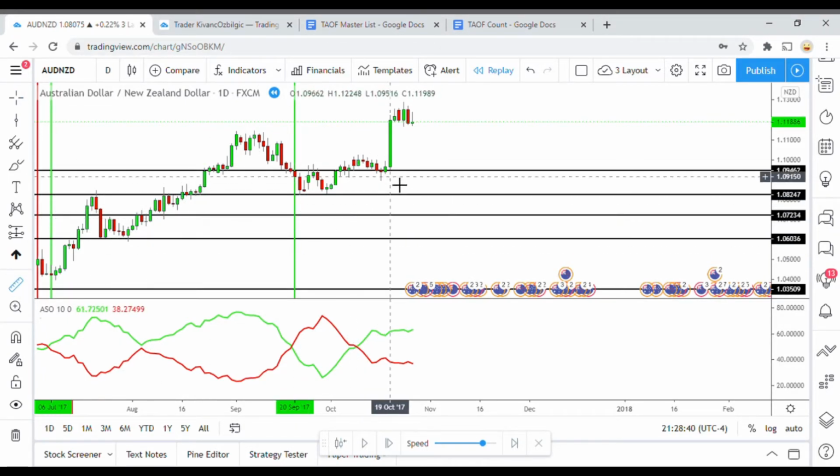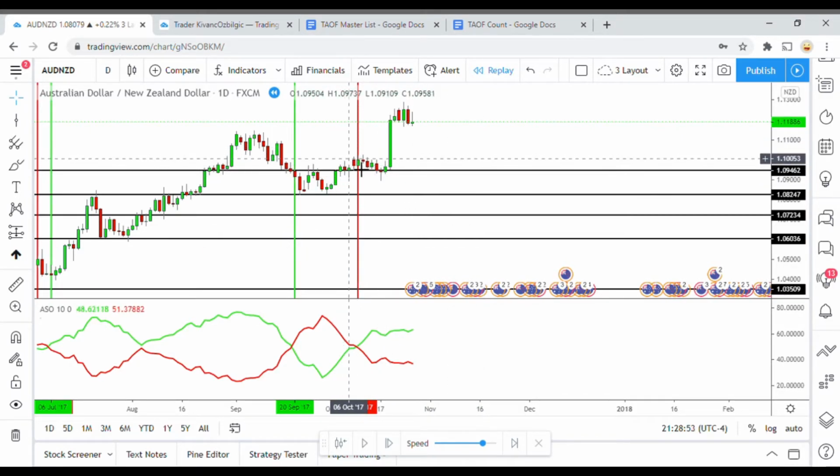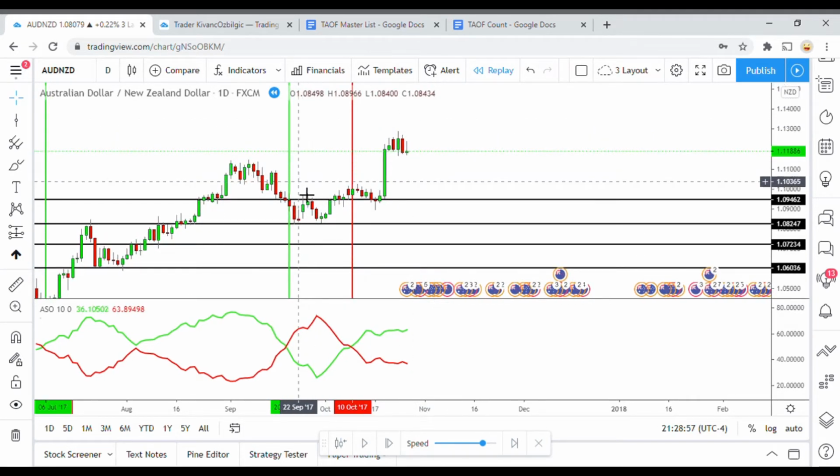Oh, and it took off there. Let's see, so it threw a long signal right here, but unfortunately would have stopped us out. Before it turned around and shot right back up out of there.